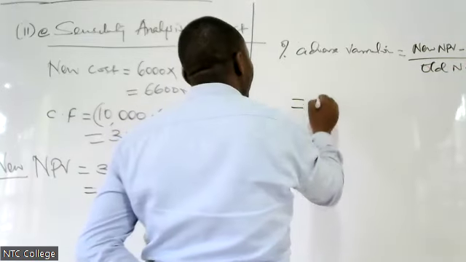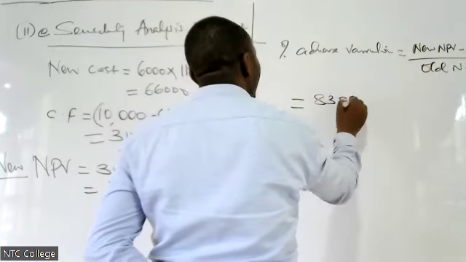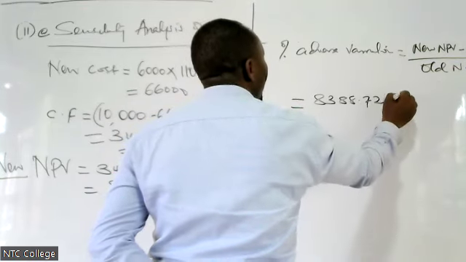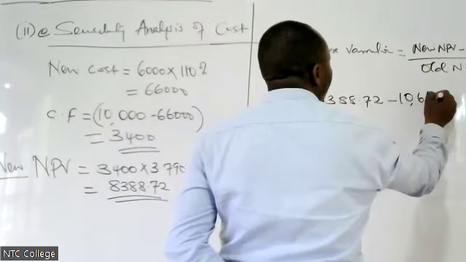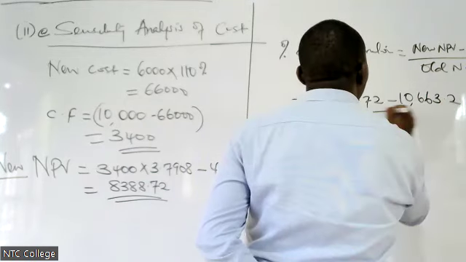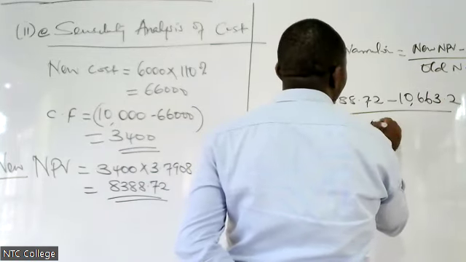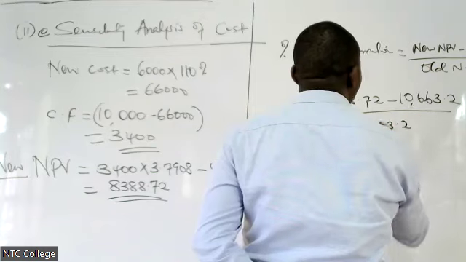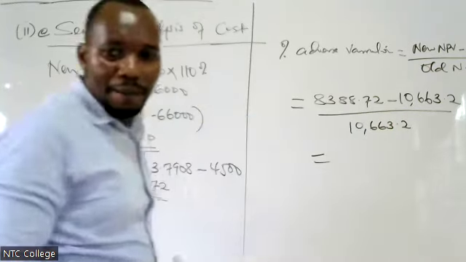So the new NPV is 88.72 minus 10,663.2, all over 10,663.2. What is the answer?